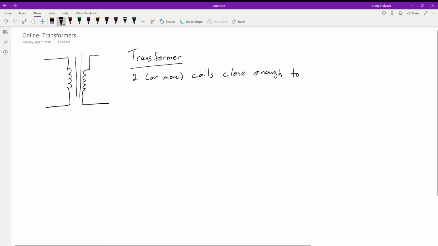So the coils are close enough to induce a voltage in each other due to their magnetic fields overlapping each other.